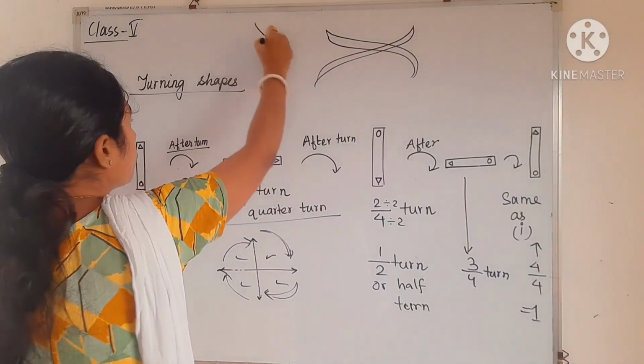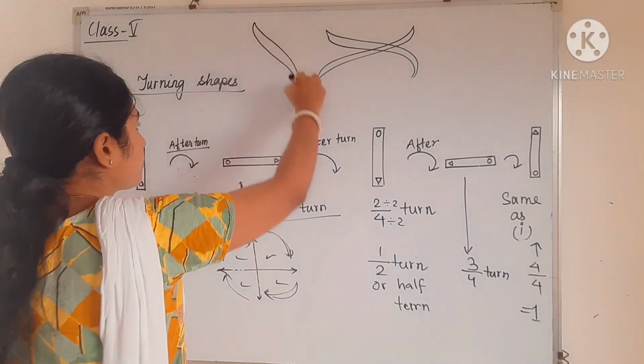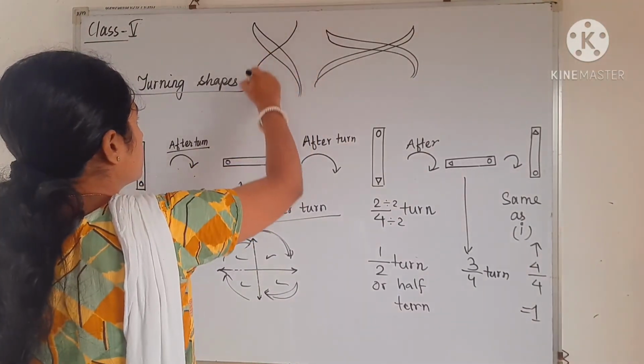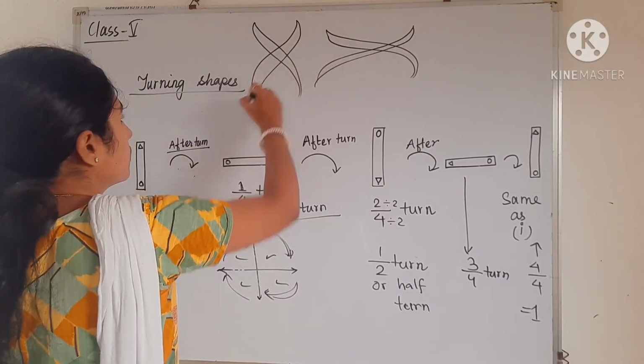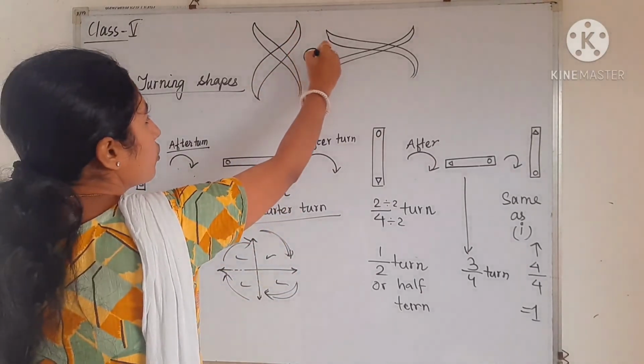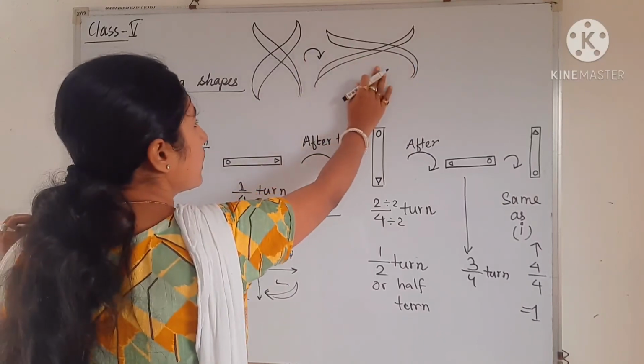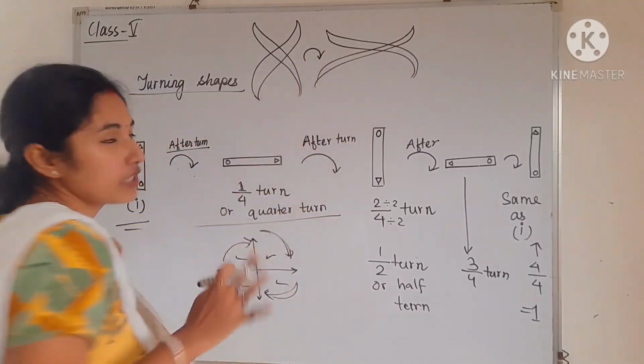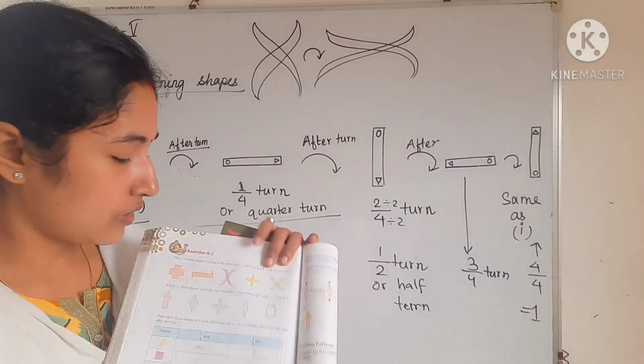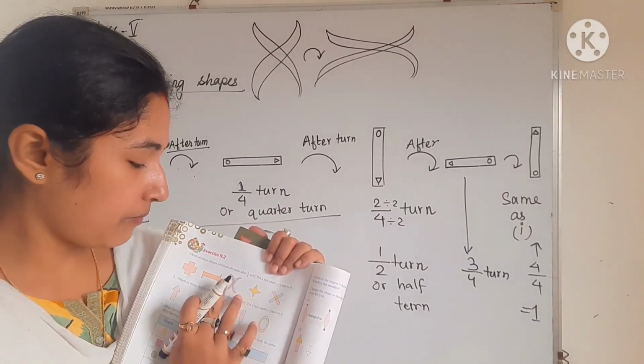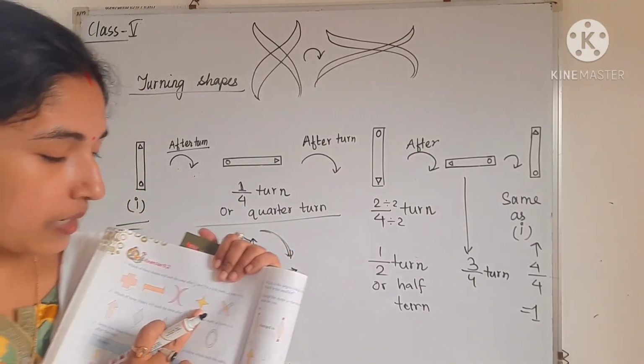But now it looks like this one. Okay, so after 1/4 turn, after turning we'll get this, but see, both are not same. So this third number will not be same, fourth number will be same.